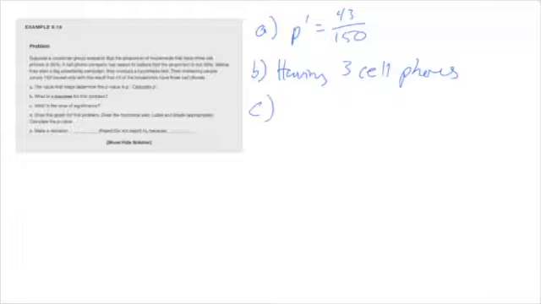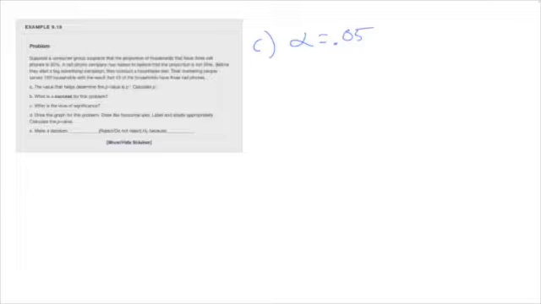Anytime it's not given, we assume alpha is 5% or 0.05. Draw a graph. I'm not going to draw a graph here. I'm going to just calculate the p-value by using my graphing calculator.